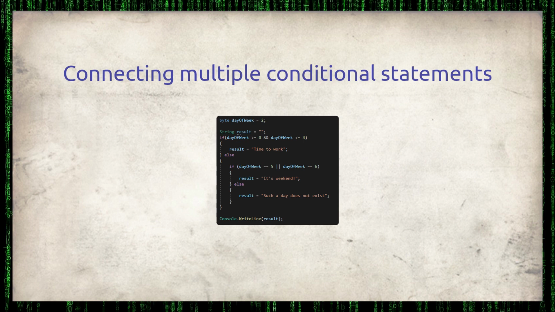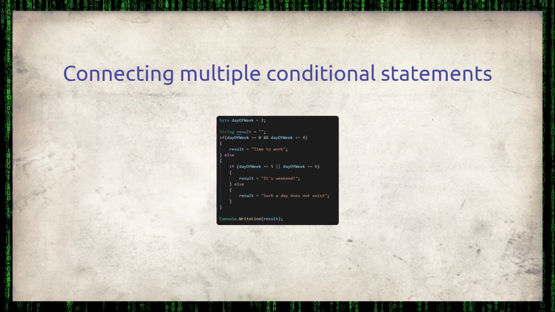If you go a little bit further down, let's assume that the day of the week is not a 2, but let's say it's 5. So your initial evaluation, greater than 0 and smaller than 4, doesn't succeed, so it goes into the else.